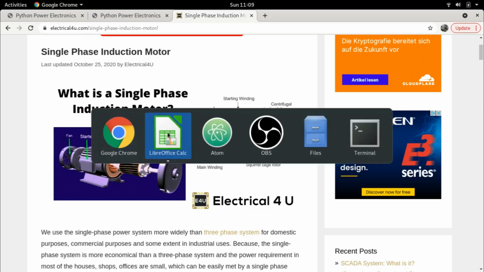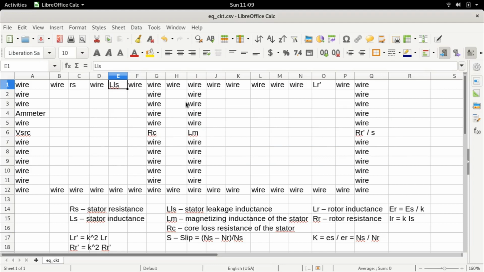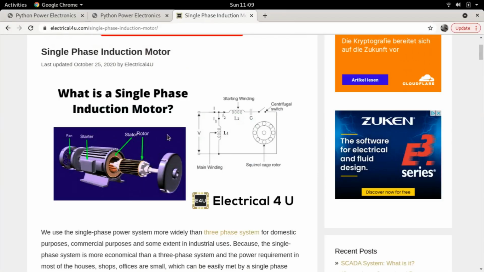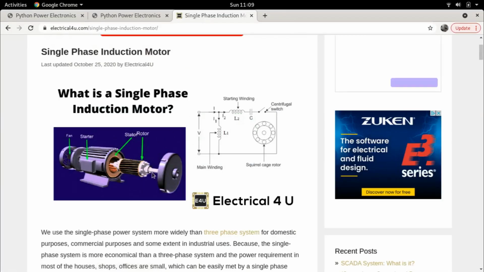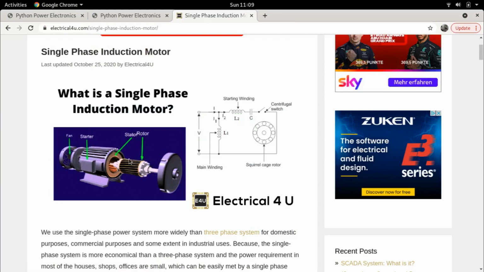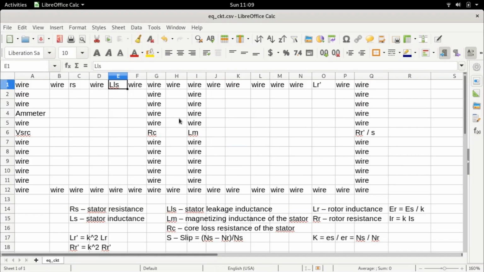So the current through this magnetizing inductance is responsible for the stator flux. But remember, we have here a coupled system. So the flux in this air gap is the result of the stator flux and the rotor flux.